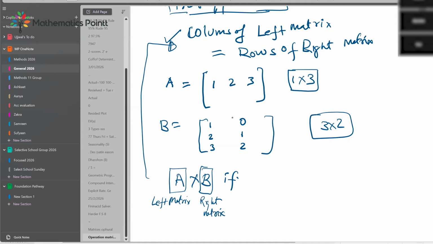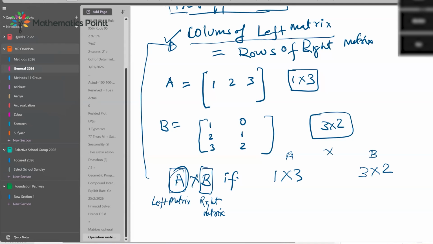Now let's apply the condition. What is the order of matrix A? It is 1 cross 3. And the order of matrix B is 3 cross 2. So this is matrix A, this is matrix B, and I'm trying to find their product.